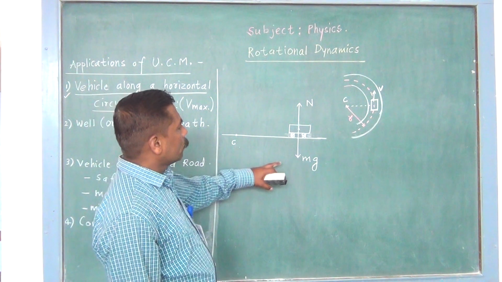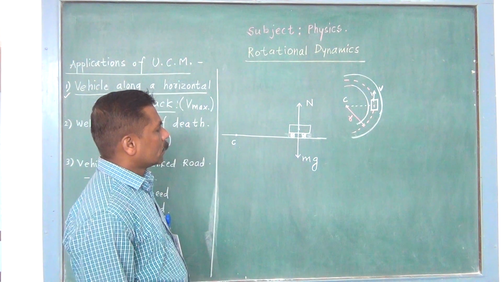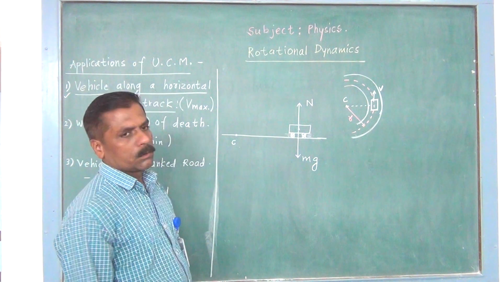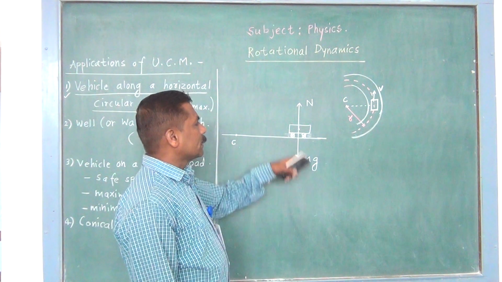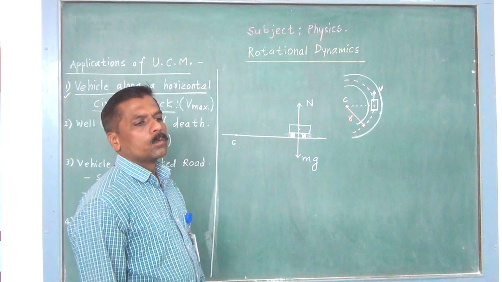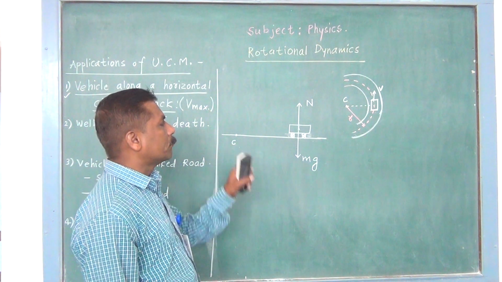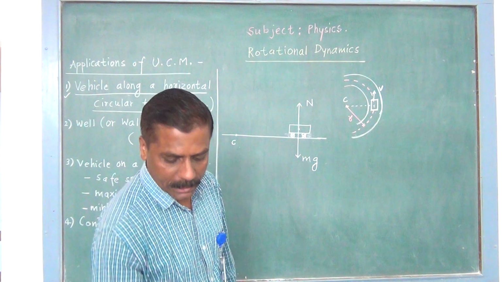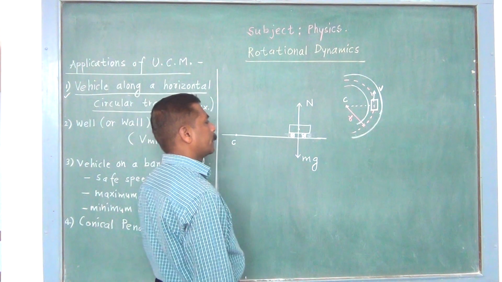So when the vehicle is on the horizontal road, the two forces, one is the weight acting vertically downward, second is the normal reaction vertically upward.